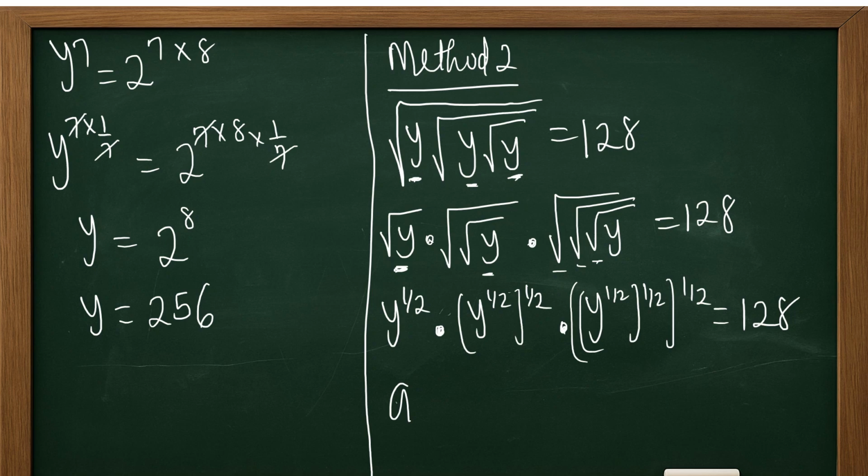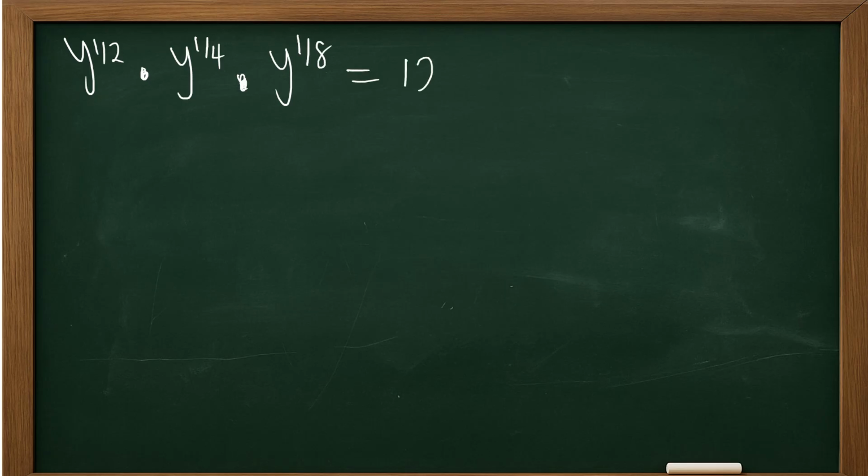Don't forget the rule of indices that says a to the power of m to the power of n is the same thing as a to the power of m times n. So applying this rule here, for the first one I'm going to have y to the power of half. The next is going to be y to the power of half times half, which is 1 over 4. And for the third one, I'm going to have 1 over 8, which equals 128.